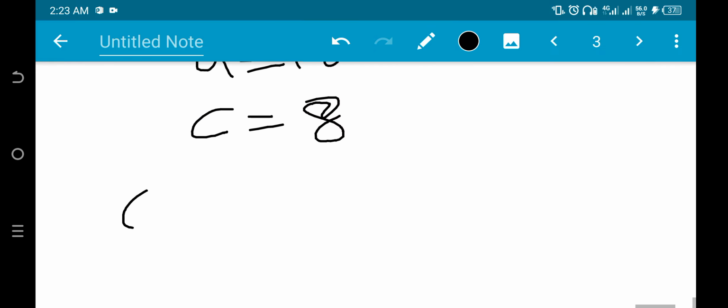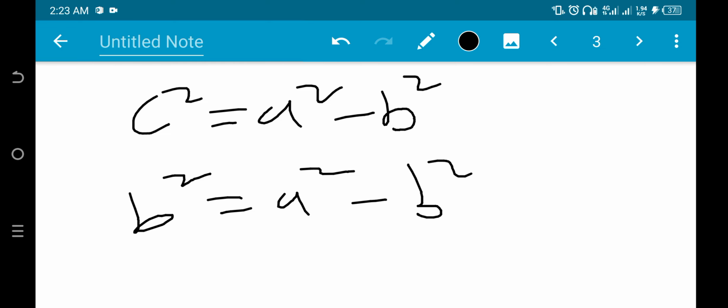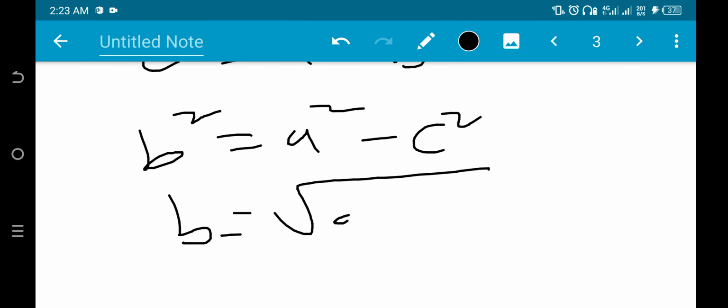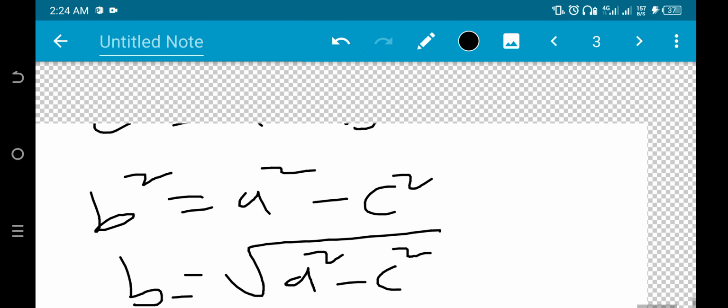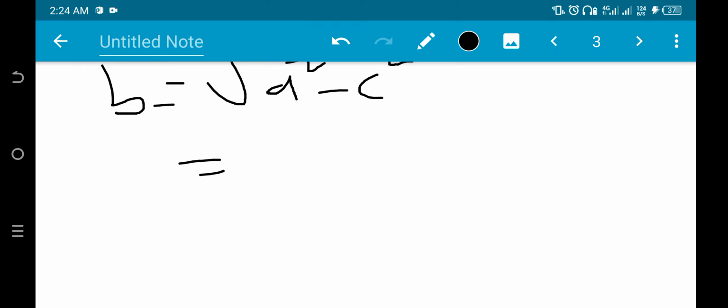We know that c squared is equal to a squared minus b squared. Now how do we find b? b squared is equal to a squared minus c squared, like this. So now b will be the root of a squared minus c squared. Now what is a squared? a squared will be 10 squared, c squared will be 8 squared. So we're having the root of 10 squared minus 8 squared.